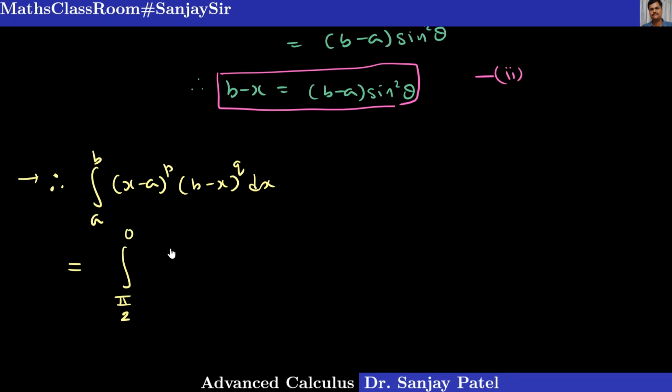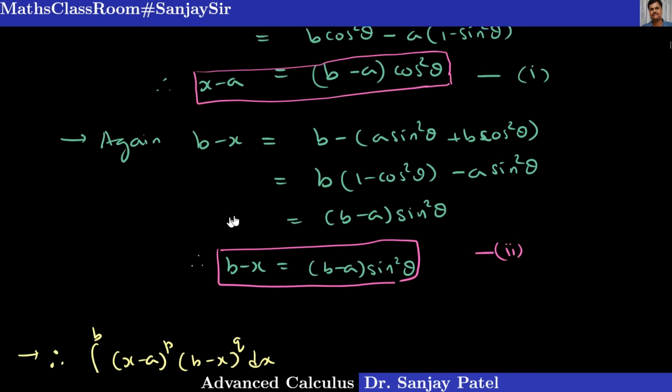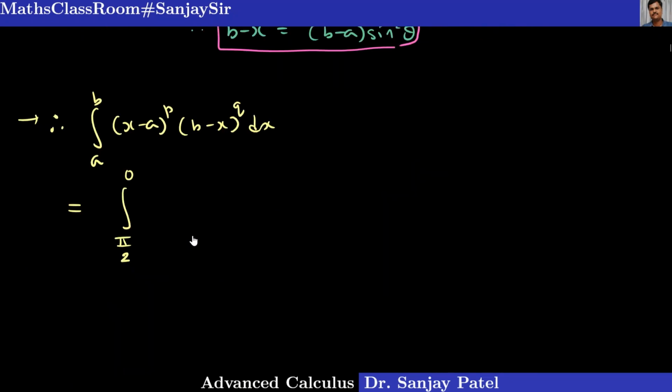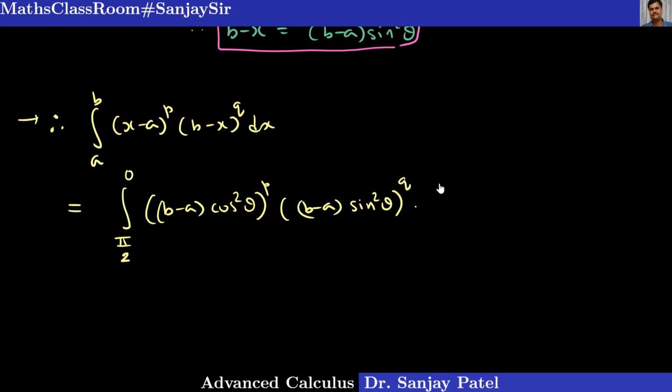We have obtained x minus a expression, which is here in result 1, that is b minus a into cos square theta. I will write b minus a into cos square theta raised to p, and b minus x, it is here, that is b minus a into sine square theta raised to q, and finally dx, what was dx?